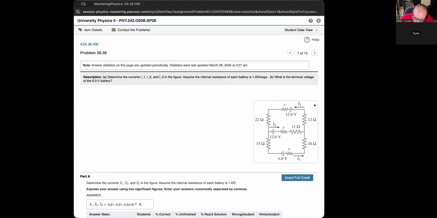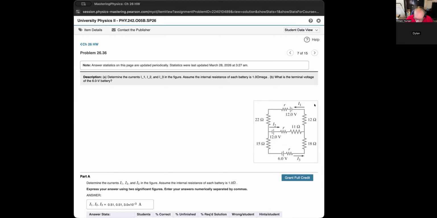Okay. So with this one, I get plus 6.0. I'm going in the direction of I3, so I'm going to say minus 1.00 I3, minus 18 I3. Now I get to the junction and run into the 12, and now this becomes current I1, which I'm going in the same direction as, so that's good.